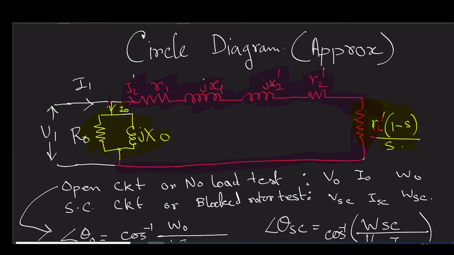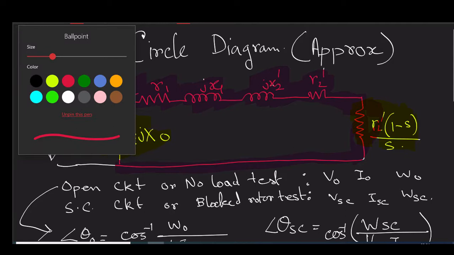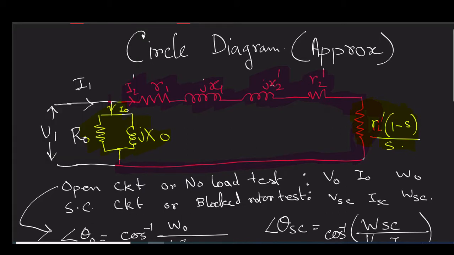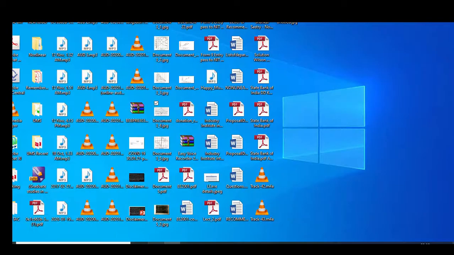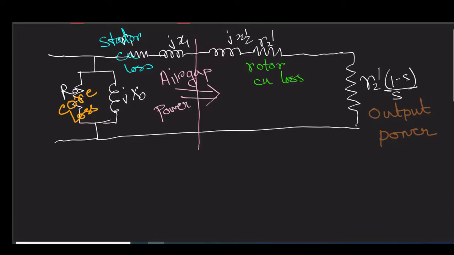Here what you can write is that this portion is responsible for our core loss and constant losses. So this is our power flow diagram.